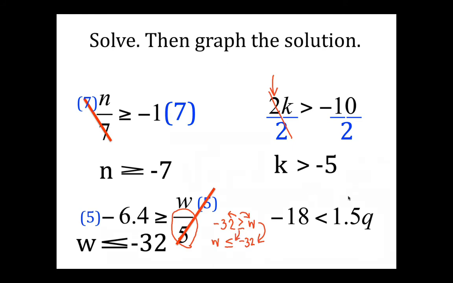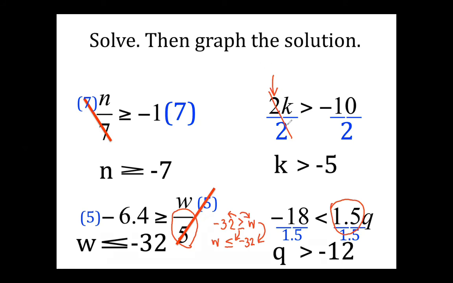For negative 18 is less than 1.5 Q, the multiplication of 1.5 is keeping Q from being isolated. So undo that by dividing both sides by 1.5. Negative 18 divided by 1.5 would be negative 12.